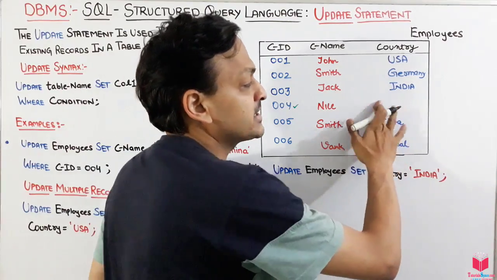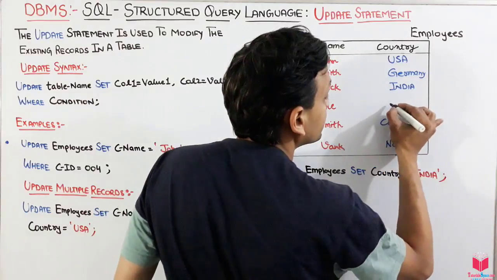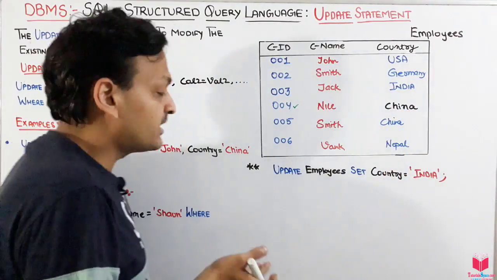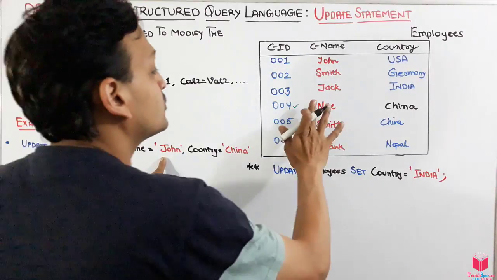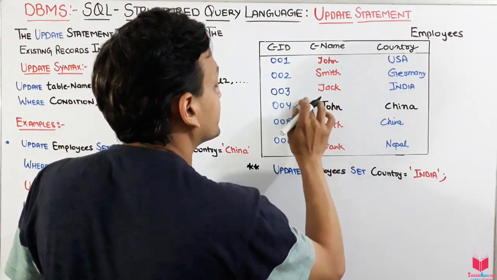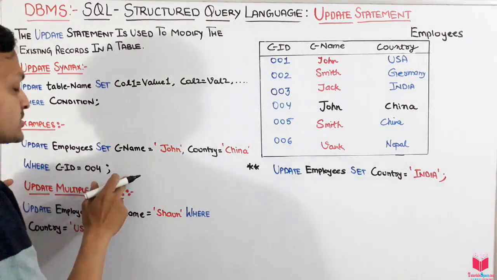Firstly we have USA, so it will update the value to China. Then after that it will go to CNAME and update the value to John. So this is basically the updated table after this query.